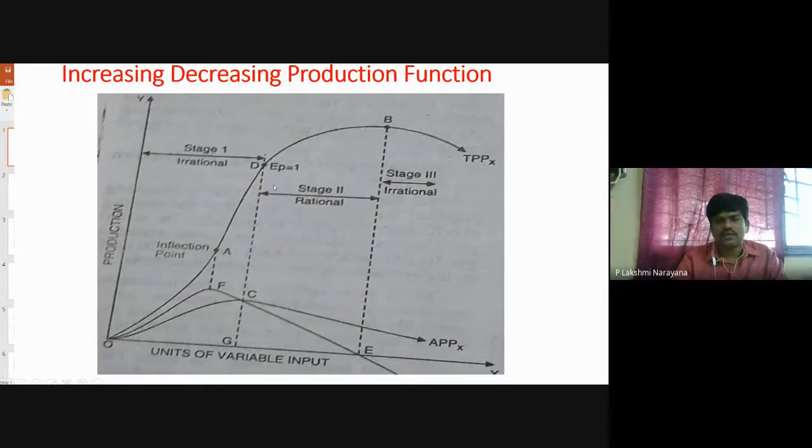That's why farmers have to increase their inputs up to this stage only. Once the marginal returns decline, it is not advisable to go for more input usage. That is the irrational stage, stage 3. In stage 3, total production is declining, average production is declining, and marginal production is negative.